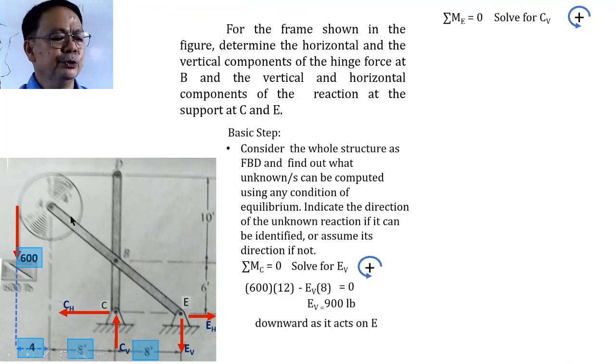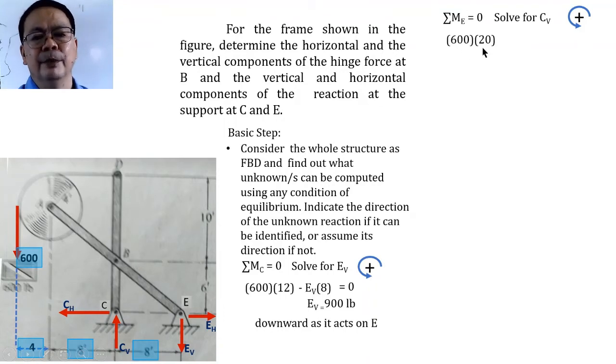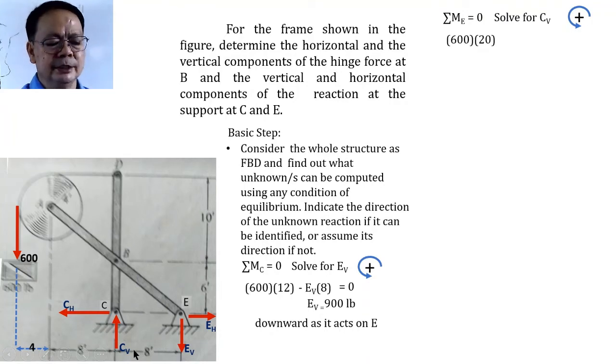And this will be producing a counterclockwise moment about E, hence the moment produced shall be positive, and the magnitude shall be the product of 600 multiplied by 20. While this C sub B will have a moment arm equal to 8, and the moment produced by this C sub B about E will be in the clockwise direction, hence that would be a negative, and the product will be C sub B multiplied by 8.